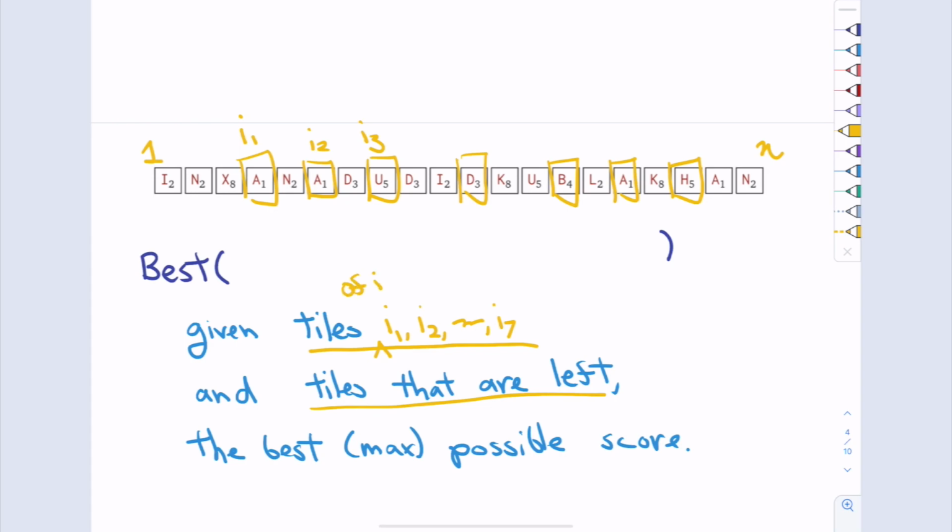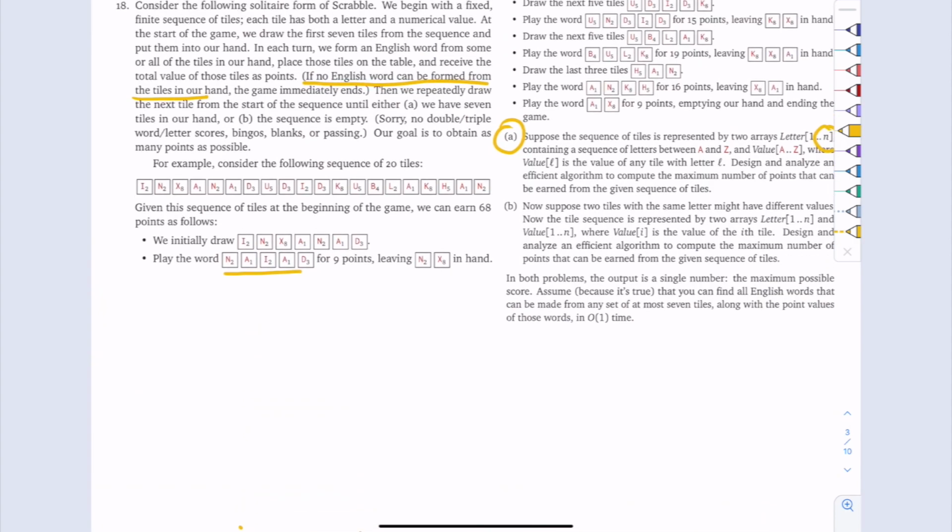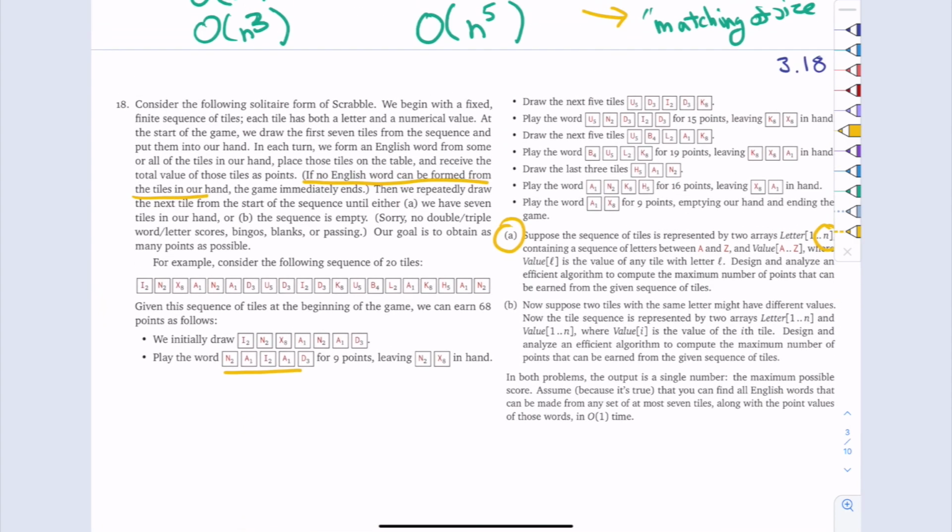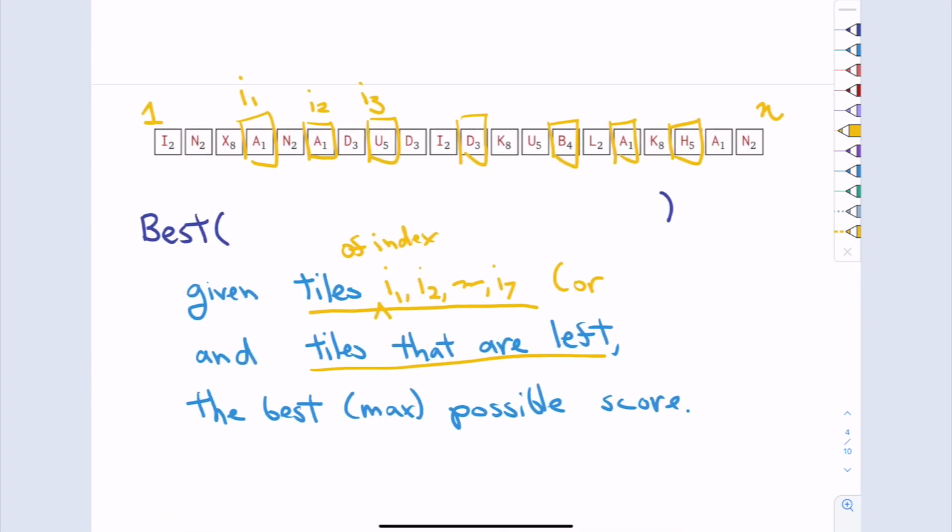Maybe the tiles of index I1, I2 through I7, I guess. Or is it possible to have less than 7? I think it's possible to have less than 7, or ij equals nil if less than j letters or something. Of course, not the most eloquent way to write it, but you get the idea.